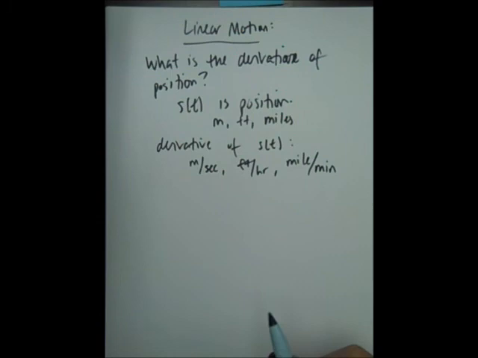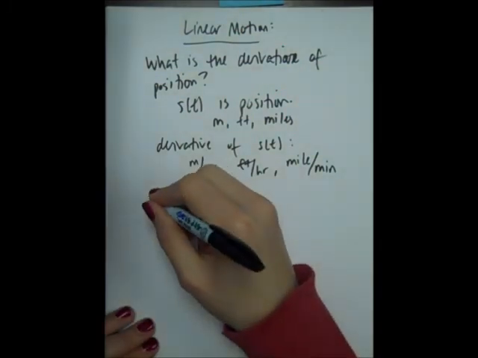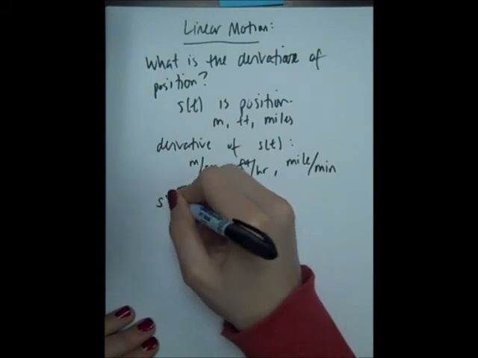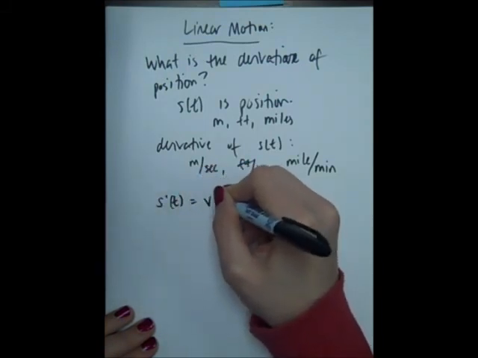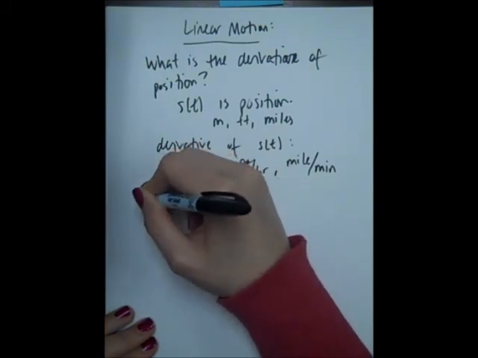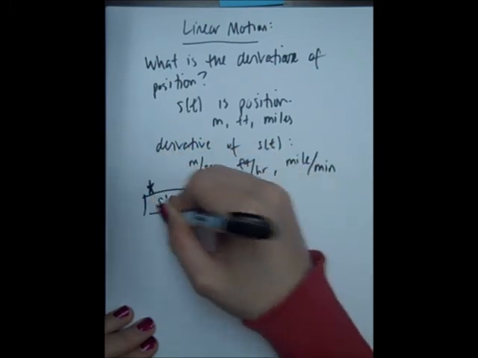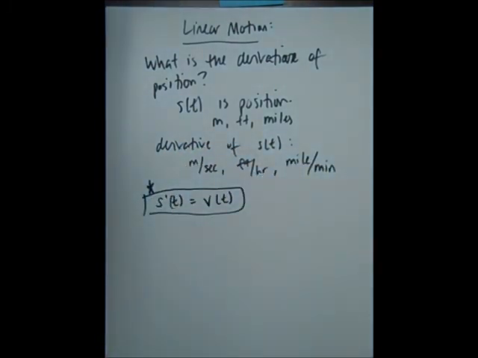So what we're going to take away from linear motion, the big idea behind it, is that the derivative of position, so S here is position, is velocity. So if we have an equation for position, and I want to find velocity, all I do is take the derivative. So this is another way that we're going to use the derivative, and that is to find velocity from position.